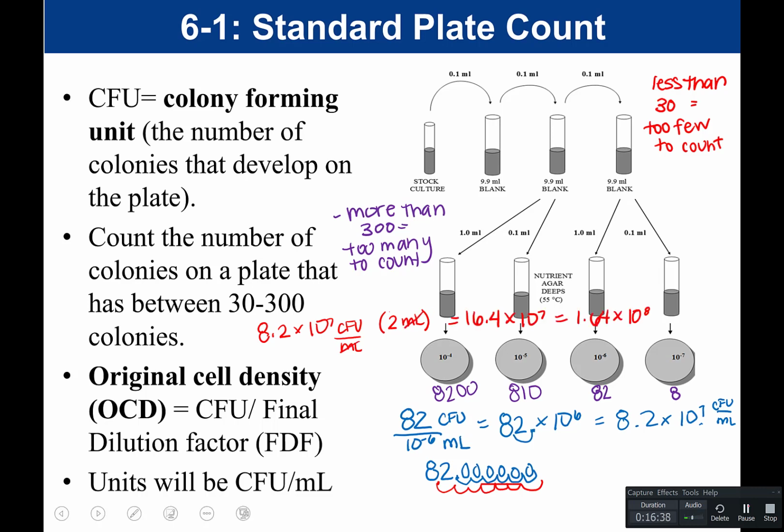When I multiply 8.2 by 2, I get 16.4 times 10 to the 7th. That is not in proper scientific notation, so I need to move the decimal point one place. So that would be 1.64 times 10 to the 8th.